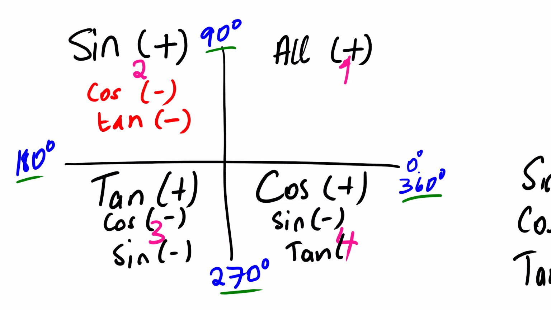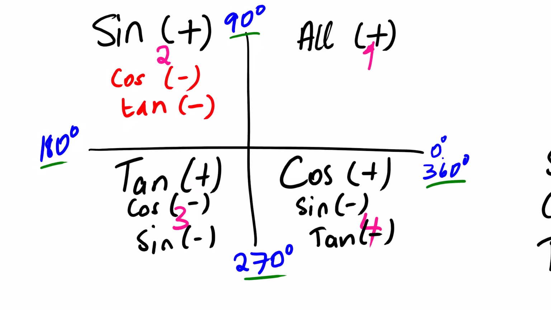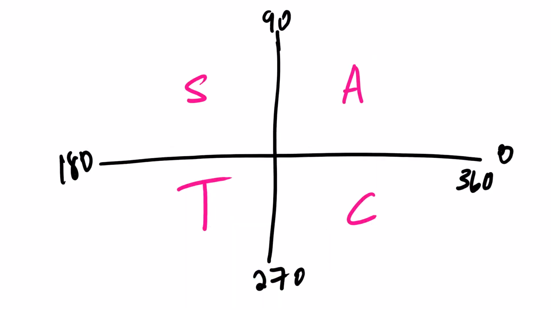Tan is also negative in this quadrant. To memorize this, you need to memorize the word cast. That's why we say it's a cast diagram, which is C-A-S-T. Cos is positive, all trig ratios are positive, sine is positive, tan is positive.